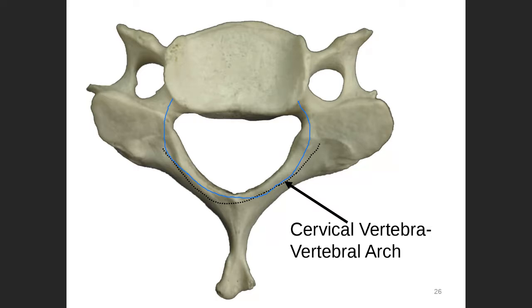The vertebral arch is made up of the pedicles here, and the lamina here. And where the lamina fuse together, that's where the spinous process comes from. Just keep in mind that's the vertebral arch. So on the test, if you see this dotted line going here, that's what they want: the vertebral arch.